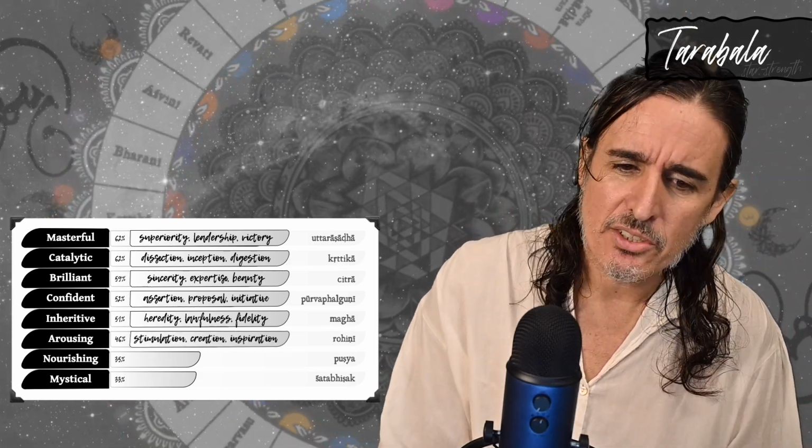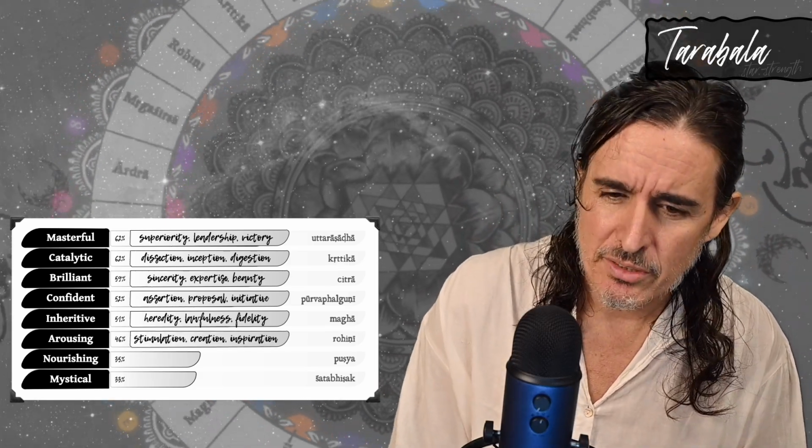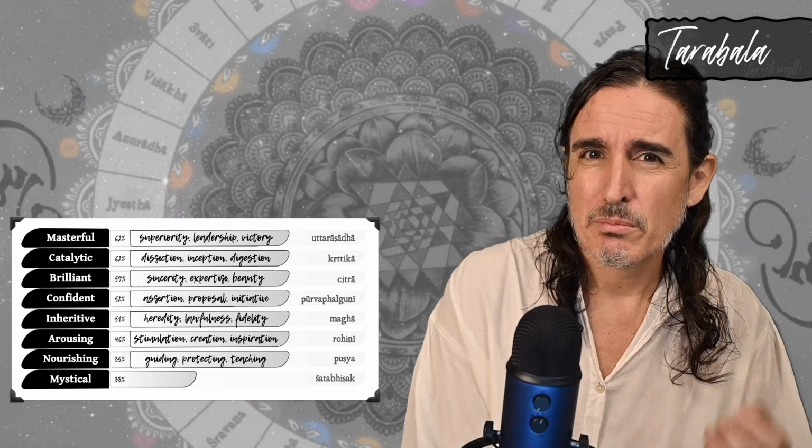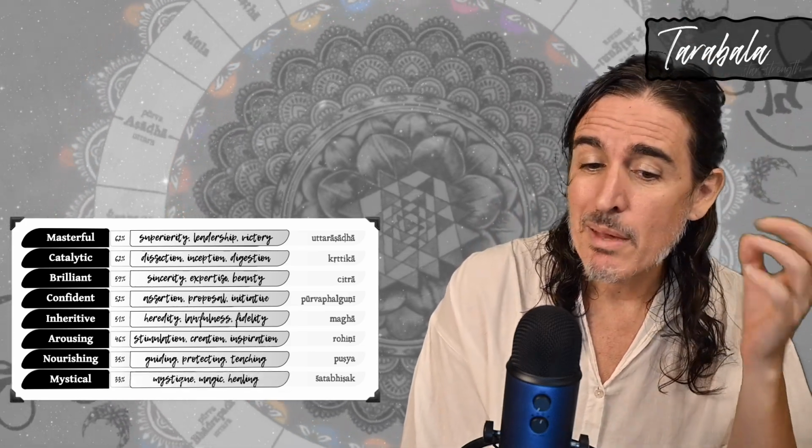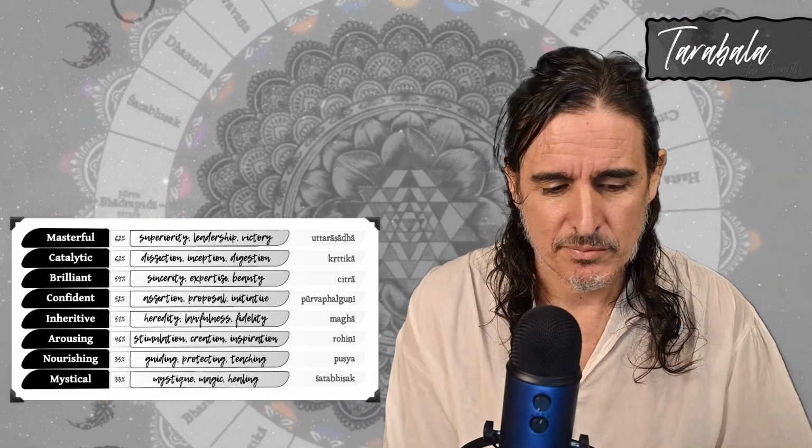Magha, we can add heredity, lawfulness, fidelity. For Rohini, we can add stimulation, creation, and inspiration. For Pusha, guiding, protecting, teaching. And for Shatabhishak, mystique, magic, and healing.